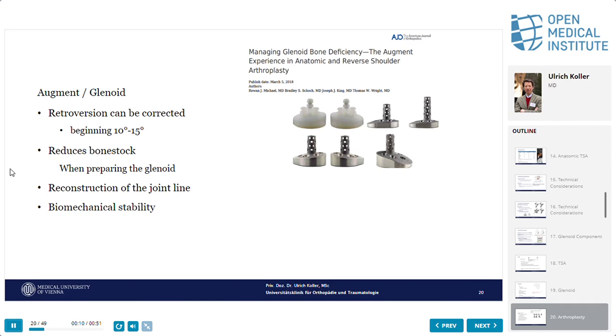You see they all have some wedges on the back, so you have to calculate at the beginning how much you want to correct the shoulder, and then you implant these wedges where you have a good correction for the implant, and this is another possibility to stay with an anatomic shoulder prosthesis. In other cases, you have seen asymmetric reaming doesn't work. Bone grafting works in 90%, but the best would be wedges or these kinds of glenoids.